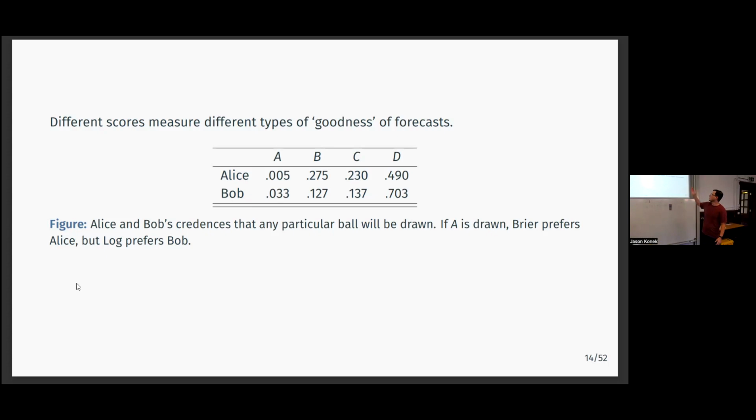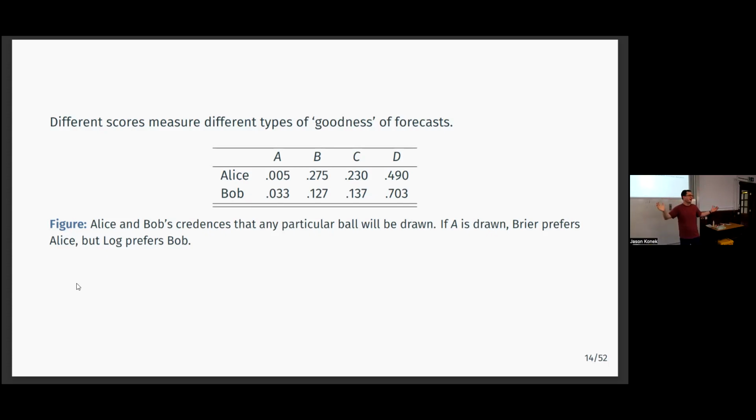But say there's an urn, and either A, B, C, or D will be picked. Here are Alice and Bob's forecasts. And let's say A is chosen. Alice gives a lower score to the true thing, right? A is chosen. But Bob, say, is really confident in D. He has a very peaked distribution on a false thing.